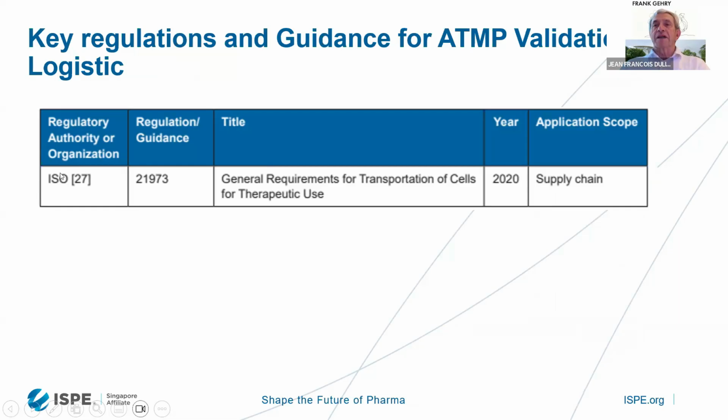We have as well some ISO standards for the use of general requirement for transportation of cell and cells of therapeutic use, and this is for the supply chain. And this is really critical, and we have decided to introduce some notion of validation for this part of the supply chain.